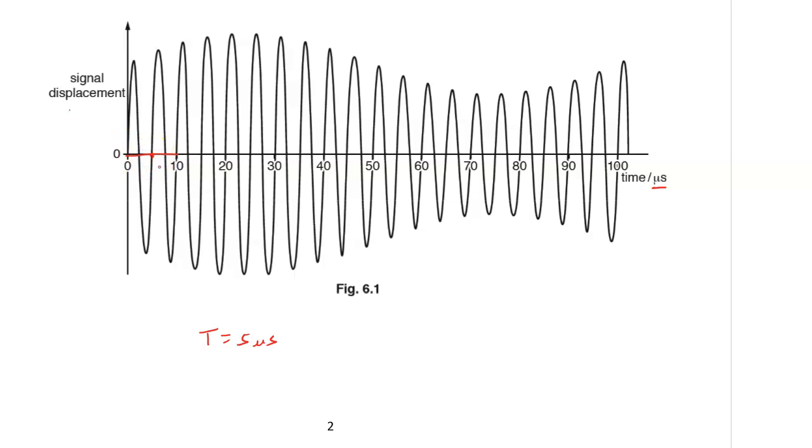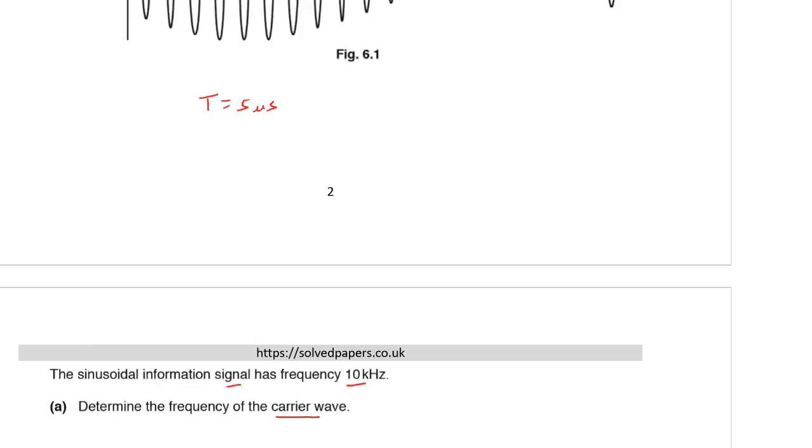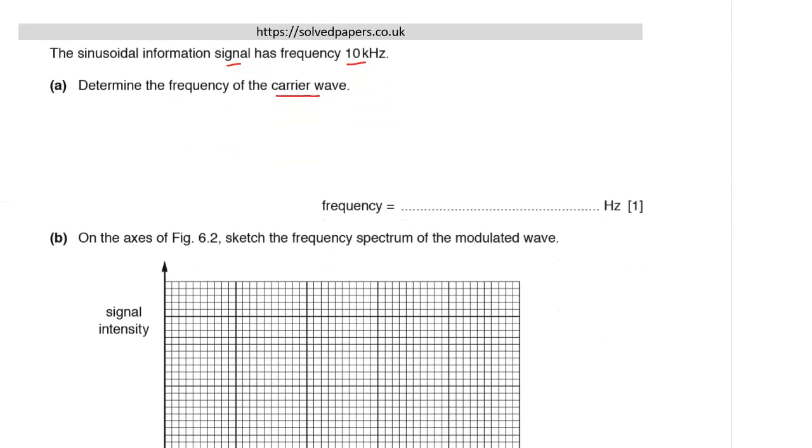That is one period. Since we have found the period of the carrier wave, you can say that every 10 microseconds there are two periods. Okay, we have established that.